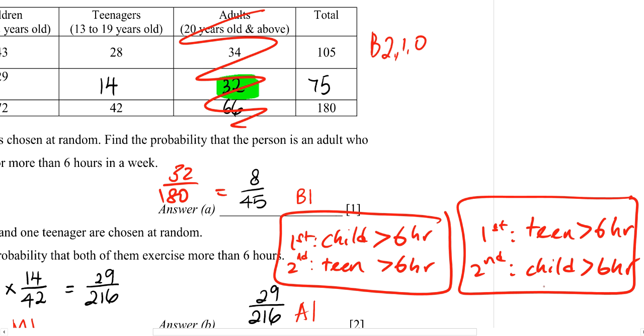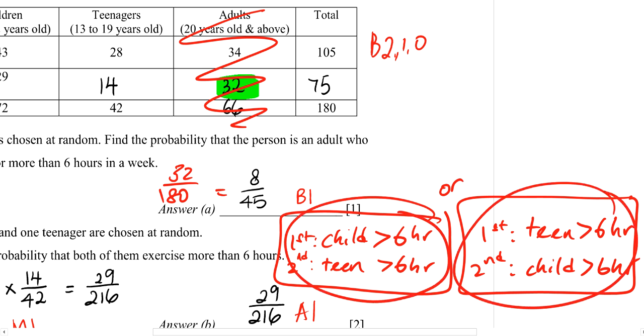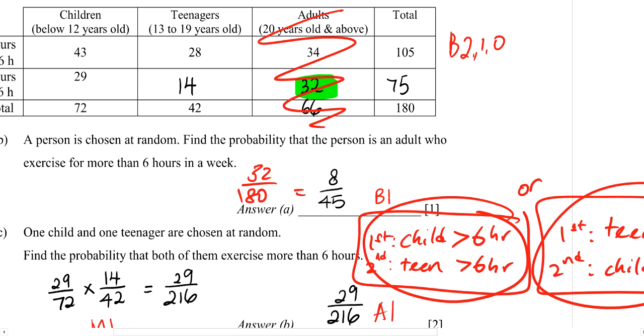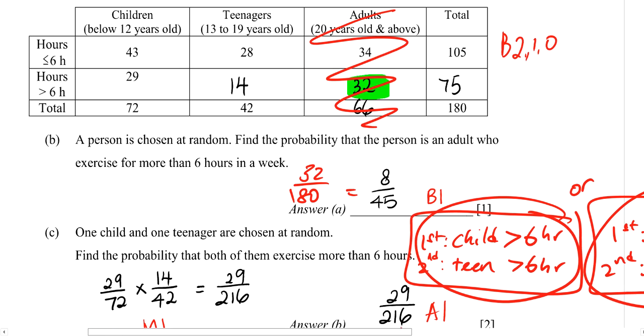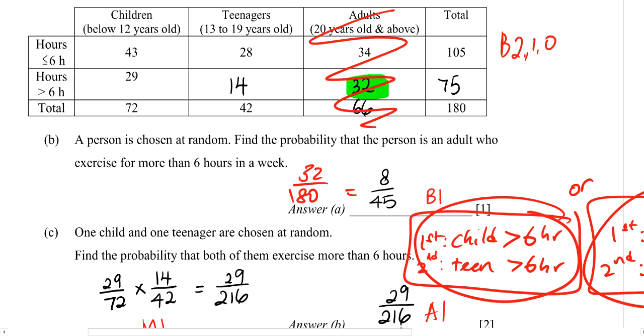We get to choose from one of them, so this is an or. It's either this case or this case. Agree? Within the first case, I want a child who exercises more than 6 hours. How many of such people are there? This one, 29. Right? 29 out of how many people?